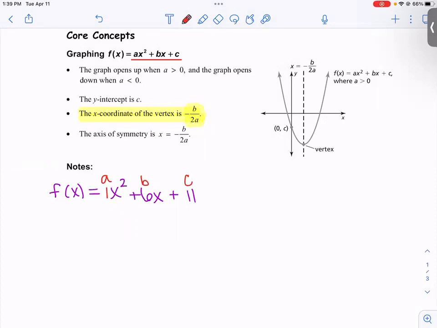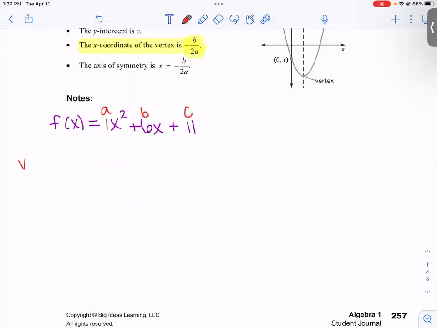So here we go. If I want to know where the vertex is, then we are going to say our vertex, the x coordinate is at negative b over 2a. So our b is what?